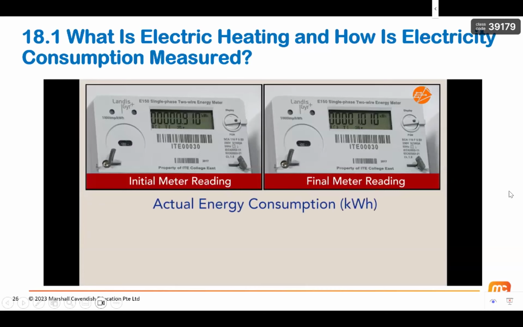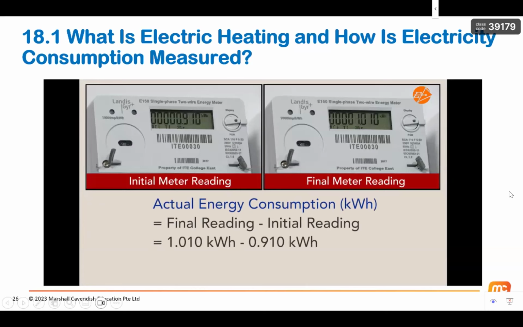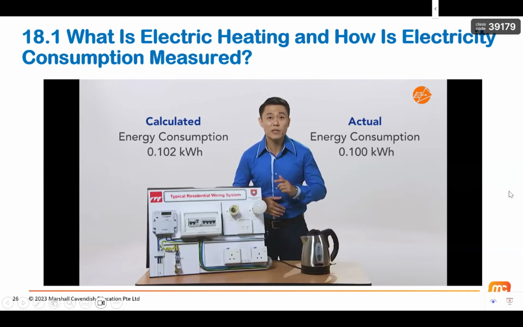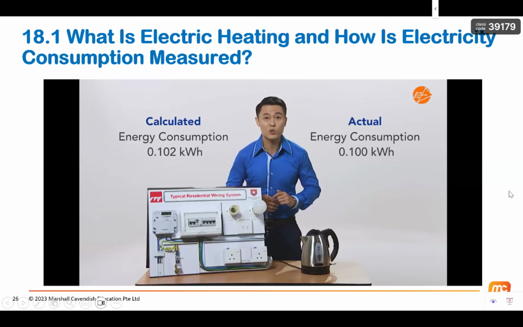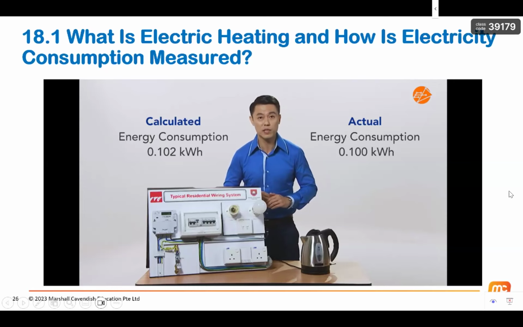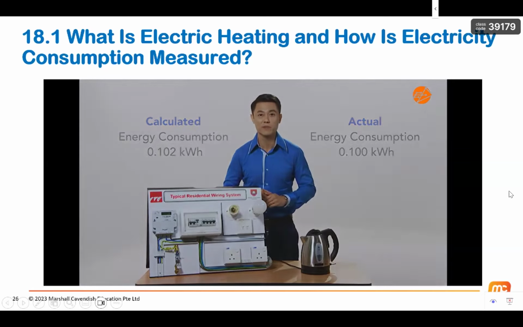The actual energy consumption is the difference between the final and initial electricity meter readings. This gives a value of 0.100 kilowatt hour. You can see that the calculated energy consumption is very close to the actual energy consumption from the electricity meter readings.